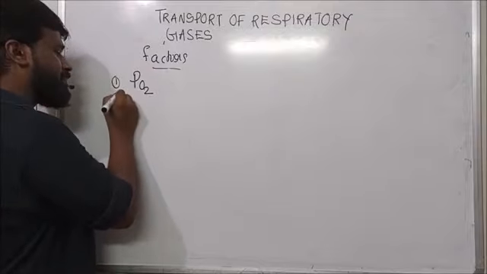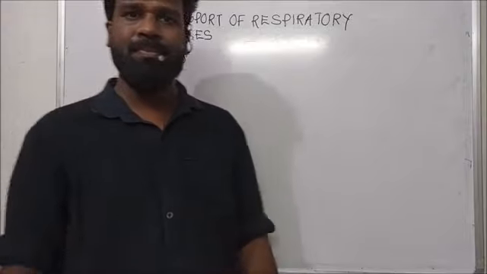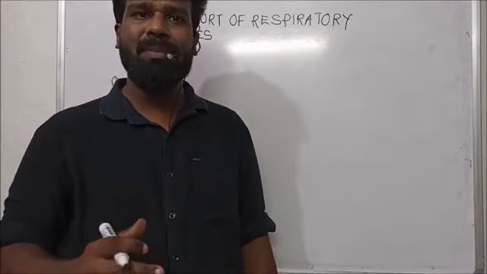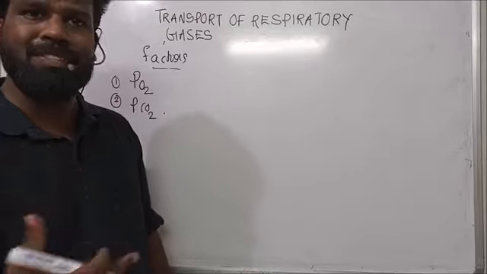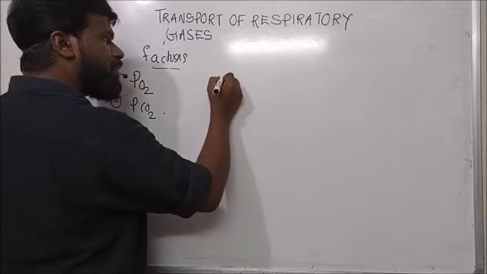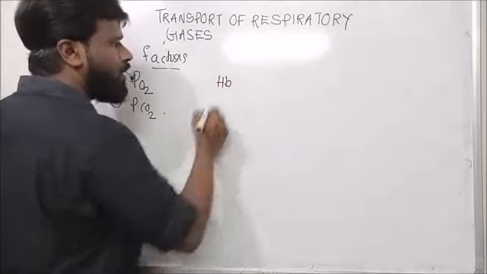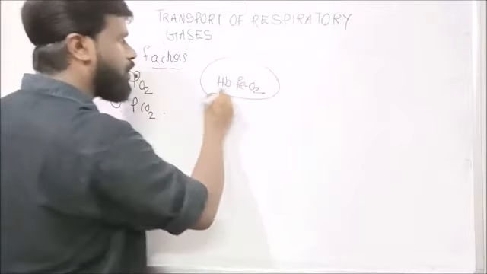Another factor is partial pressure of carbon dioxide. This partial pressure of carbon dioxide is another factor which affects the association and dissociation of hemoglobin and oxygen. Because we know in hemoglobin, oxygen is transported by the iron in the hemoglobin.